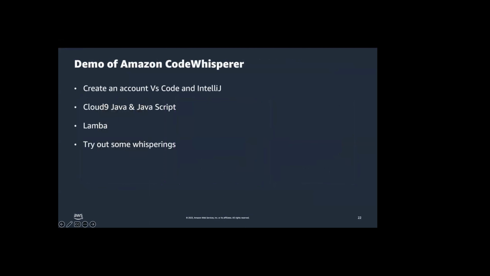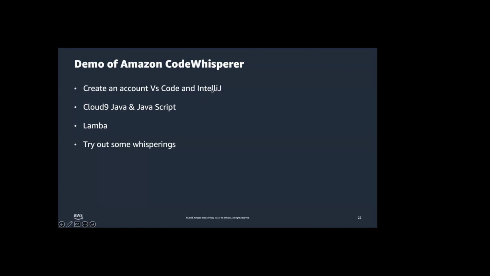So here's what I'm going to do. I'm going to show you a demo of how this actually works. I'm not going to do it in VS Code and IntelliJ. For those, I'll give you the starting point for CodeWhisperer, and it shows how to set it up.